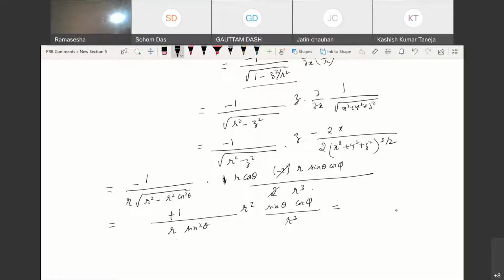So I have somehow missed it. I have got an extra r somewhere, but just check it out afterwards. So what I'll get is this will be sine squared theta. So this is 1 by r.